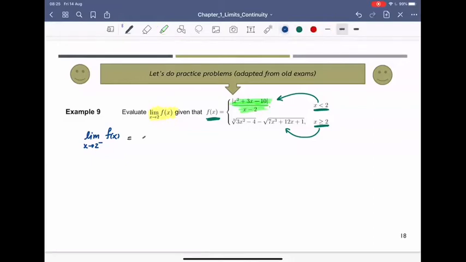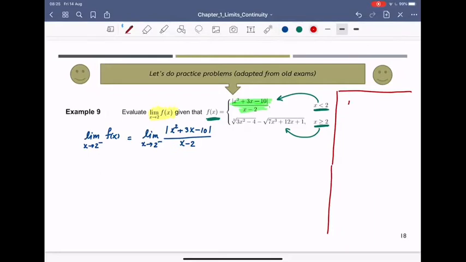So it's going to be the limit of the absolute value of x squared plus 3x minus 10 over x minus 2, as x approaches 2 from the left. First of all, when you see the absolute value, you have to take the absolute value off, right? So how do we get rid of it? I have the absolute value of x squared plus 3x minus 10.